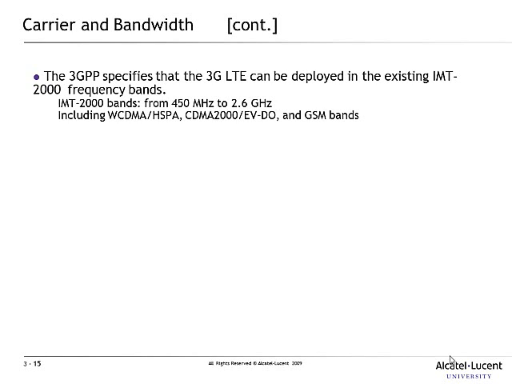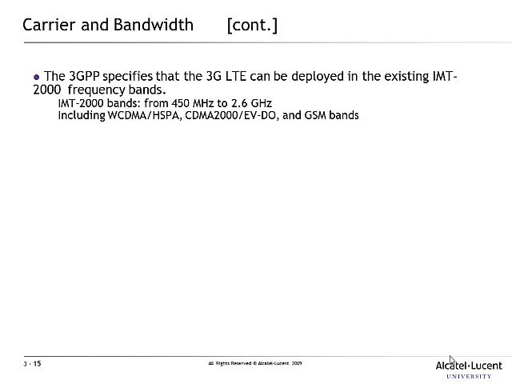Now, the other question is, what sort of frequency band is LTE going to be deployed in? So the 3GPP specified that LTE should be deployed in existing IMT 2000 bands. The idea is that every time a new technology comes up, an operator should not need to buy new spectrum. They should be able to use existing spectrum that they have purchased before.